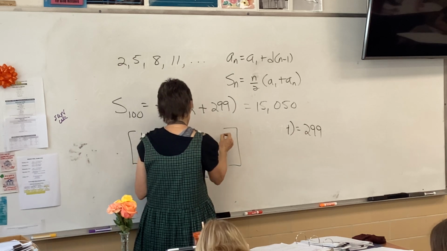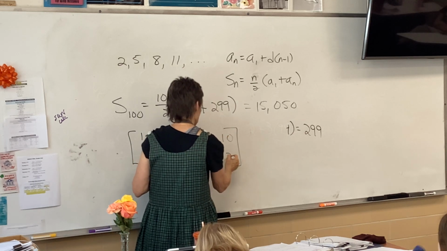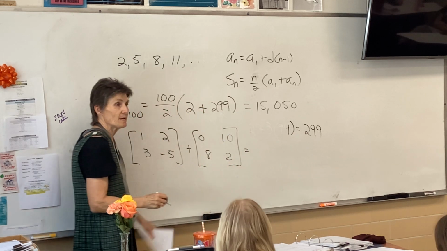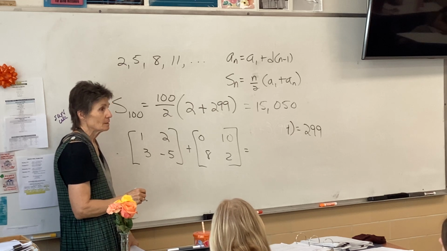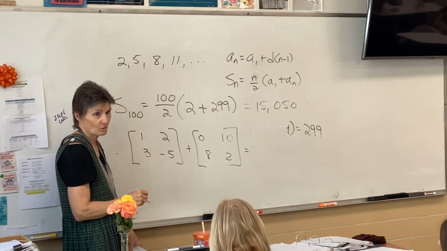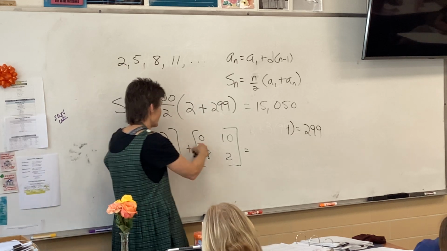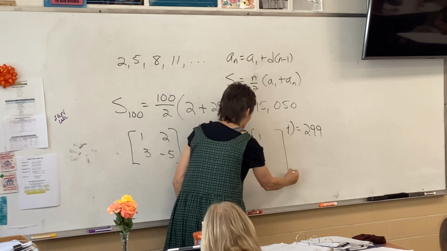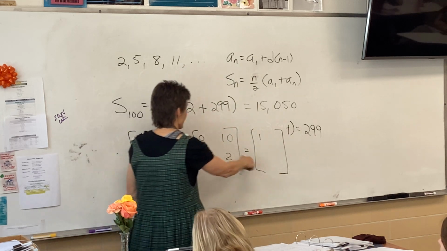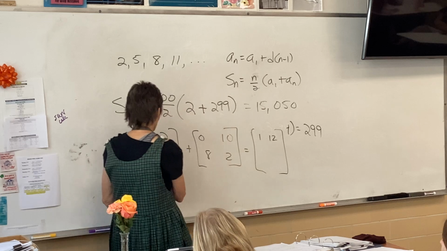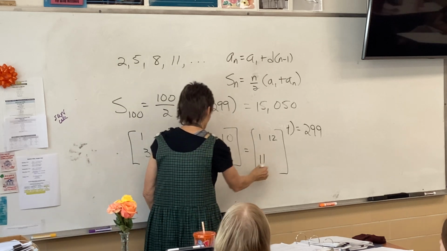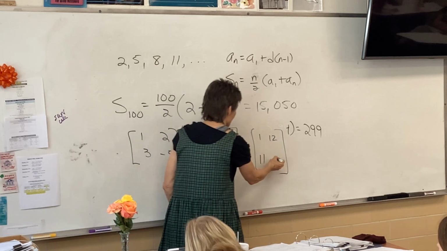So it's going to be 0, 10, 8, 2. And then how do I add them? Entry by entry, right? So 1 plus 0, 2 plus 10, 3 plus 8, and negative 5 plus 2.